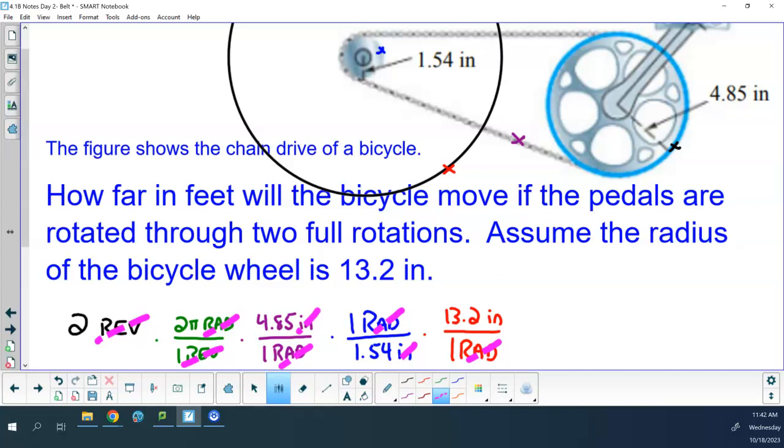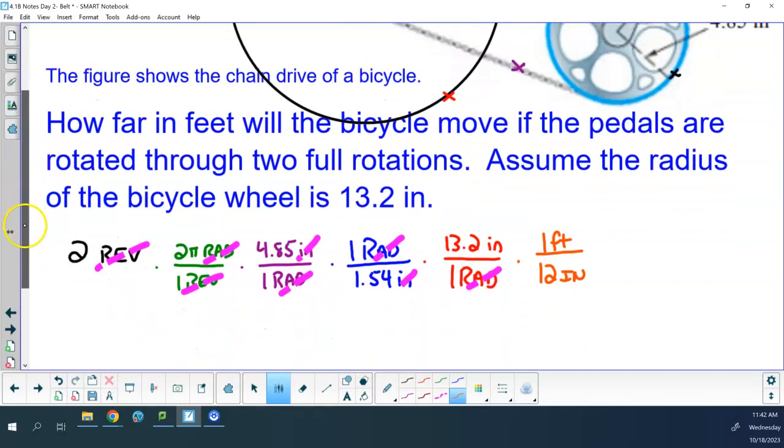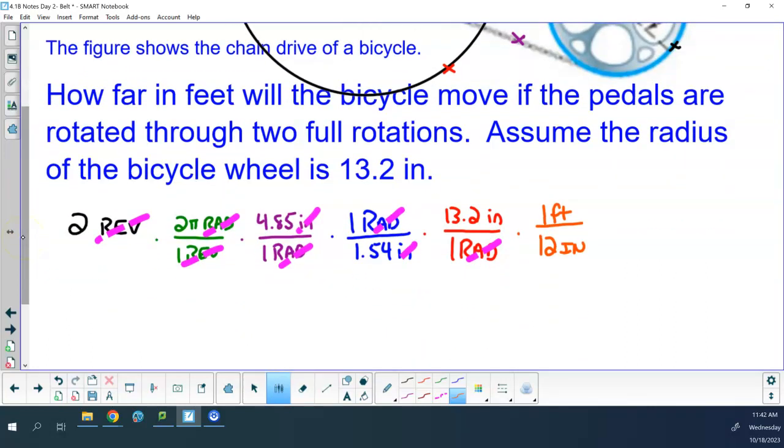Feet. So we're going to change this at the very, very end to calculate how many feet that is.